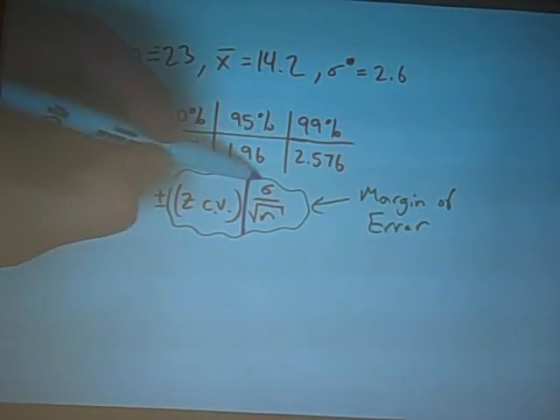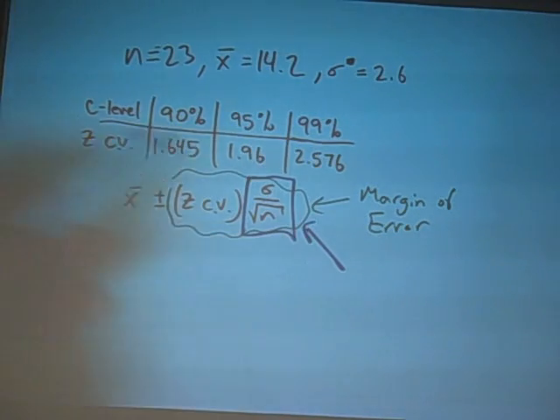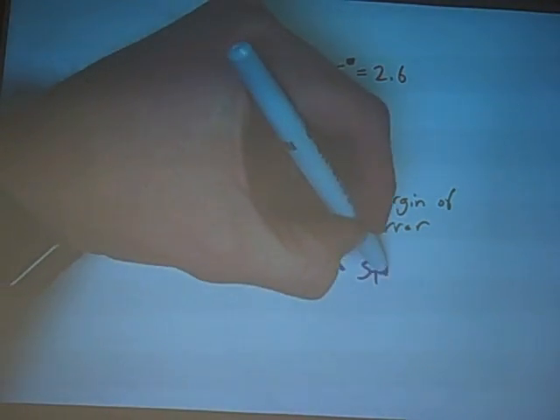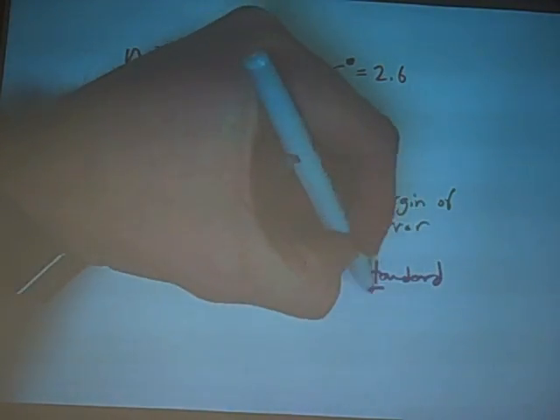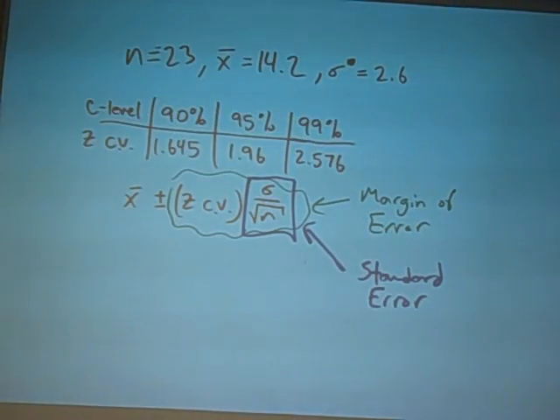This thing, sigma over root n, that's the standard error. I probably won't ask for that as much. But if I say, what's the margin of error? It's literally the thing you add and subtract. So maybe we'll calculate that separately just in case that's something we want to know.